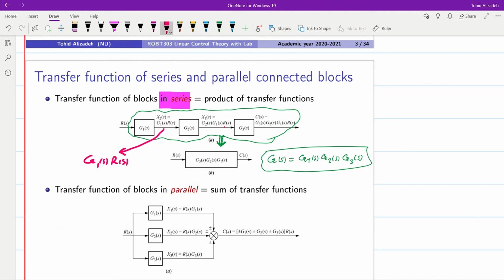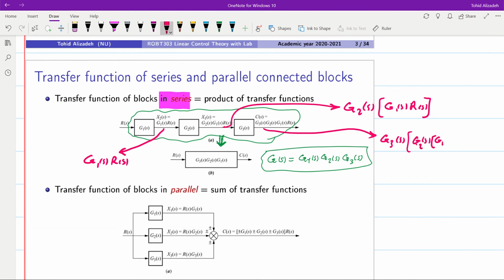Therefore the output from the second block will be equal to G2 times G1 times R, and the output from the third block will be equal to G3 times G2 times G1 times R. Therefore the output of the whole system will be equal to G3 times G2 times G1 times R of S, and the single block representing these three blocks in series will have the transfer function equal to G3 G2 G1 of S.